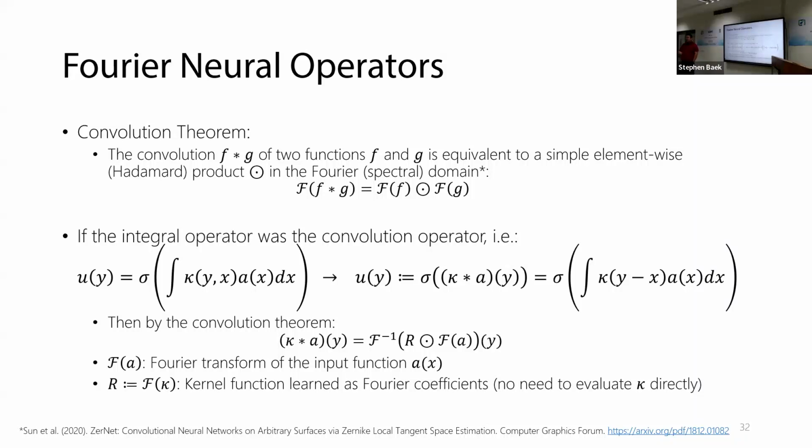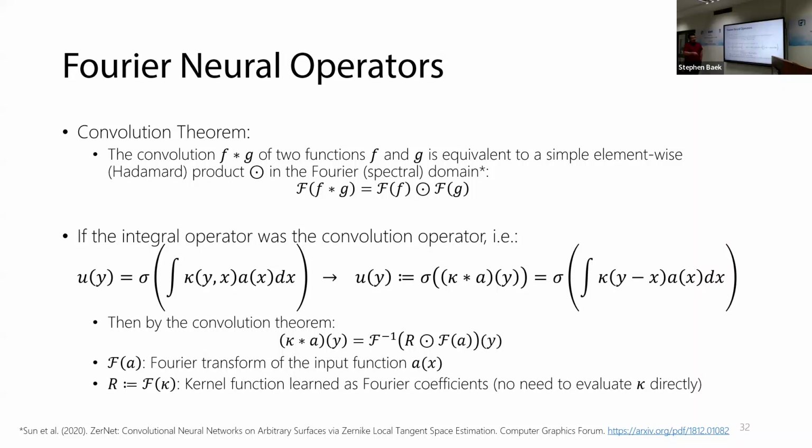Does that make sense? So this whole integral and the continuous kernel has become simply an element-wise product followed by the inverse Fourier transform. You don't actually need to compute the integral, and you don't need to worry about representing this continuous function kappa.